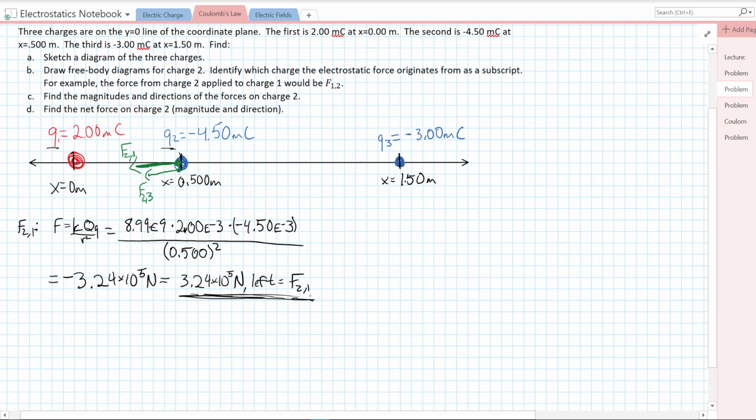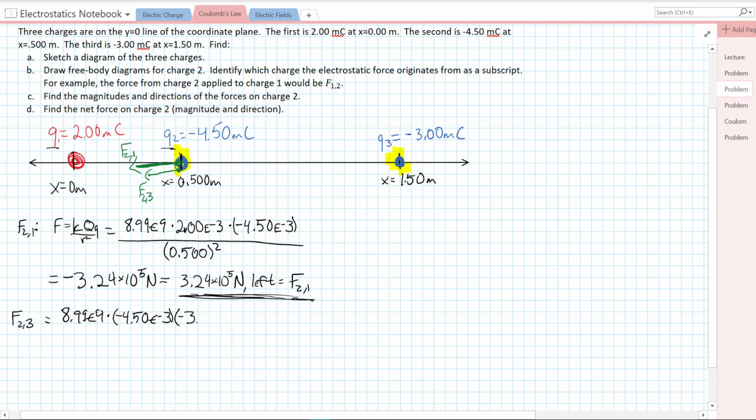So that's part of our work. We need to do the same thing between charges 2 and 3. So let's find the force on 2 from 3. It's still going to be Coulomb's law. So that's going to be K, 8.99 times 10 to the 9, 3 sig figs, times Q2 times Q3. Q2 is negative 4.50 times 10 to the minus 3.